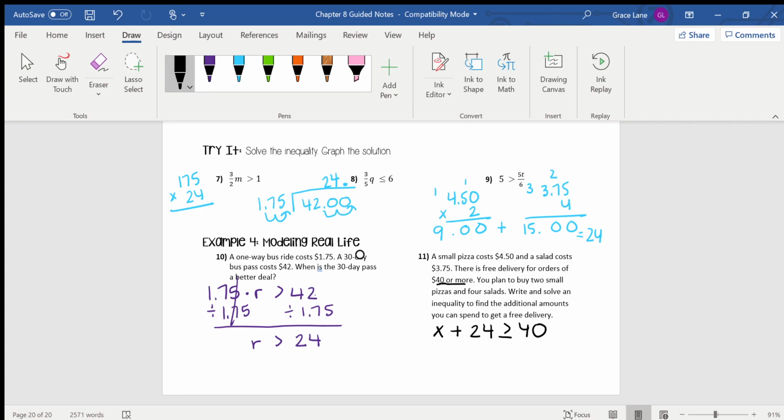Now I need to figure out how much I actually need to spend. So solve and figure out what x is. If you do 40 minus 24, you should get 16. So you need to spend an amount that is greater than or equal to $16 to get the free delivery.